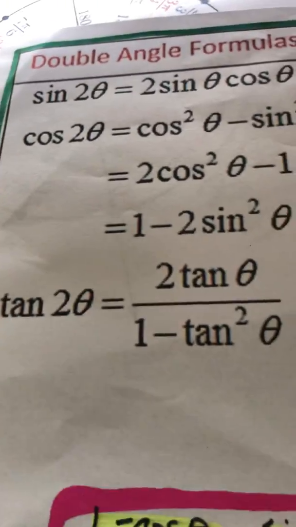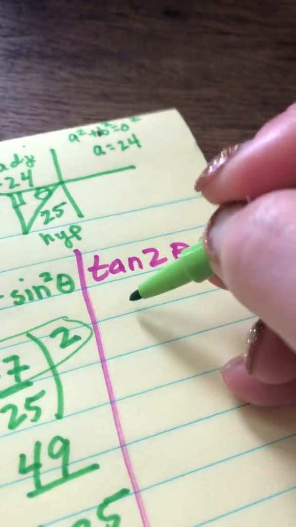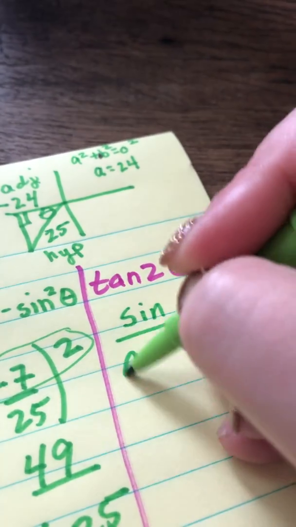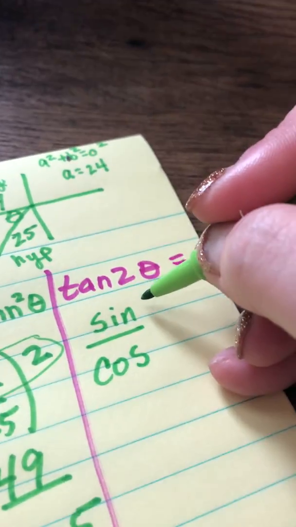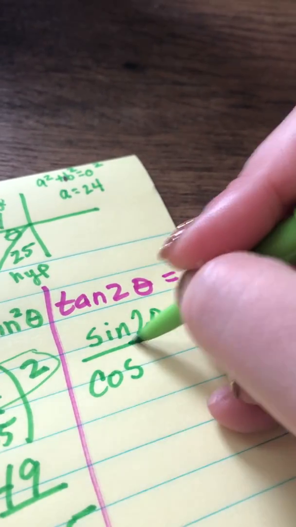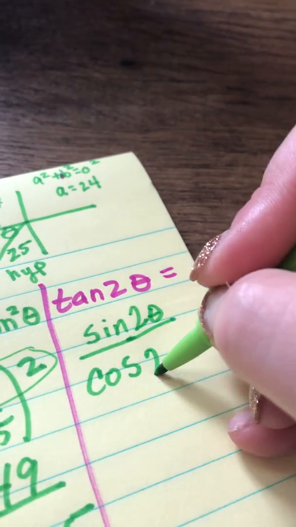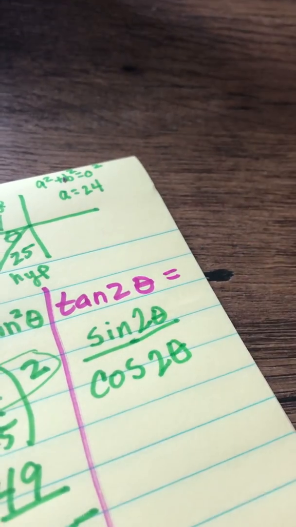Right. Okay, so anyway, let's go to tan 2 theta. We could use this formula, or we could also remember that tan is the same thing as sine over cosine. Only tan 2 theta is the same thing as sine 2 theta over cosine 2 theta. And we already know those.